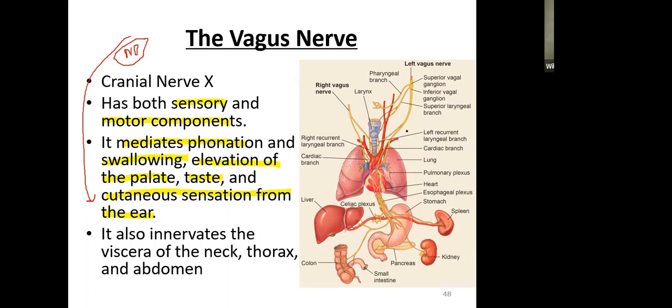Within the carotid sheath, you have the vagus nerve, the carotid artery, and the jugular vein. The whole thing comes down and communicates with the heart, and it gives off a cardiac plexus. It also gives off a pulmonary plexus, an esophageal plexus, and a celiac plexus, and then it continues onto the abdomen.